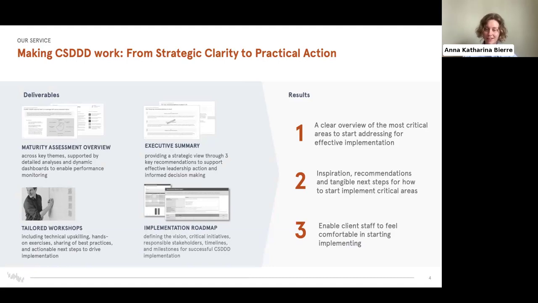And hopefully, what happens as a result, and you can test it with our participants and speakers later, is getting a clear overview of the most critical areas to start addressing for an effective implementation, but also inspiration, recommendations, and tangible next steps for how to actually start implementing it. It also enables the people on the project management team at the client to feel more comfortable in actually starting implementation, because we understand that there is a lot of insecurity around the directive in general.